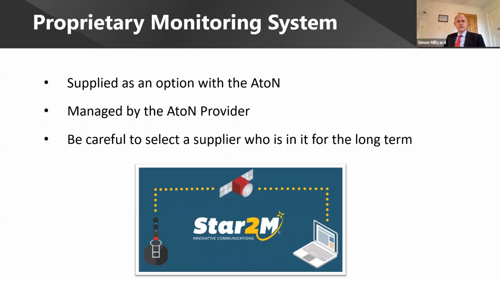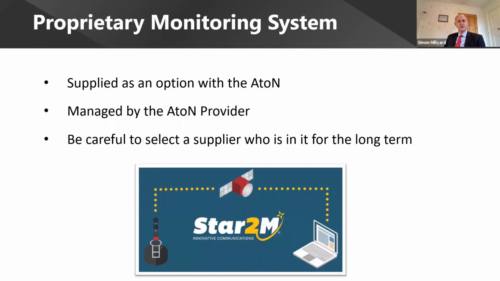Just a word of caution though, be careful to select a supplier who's in it for the long term. There are examples of proprietary monitoring systems that companies purchased and they worked really well. And then that AtoN supplier either went out of business, or decided to withdraw the product, or was taken over and the product was withdrawn.